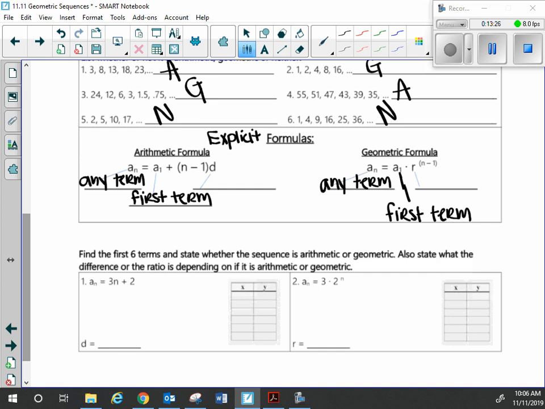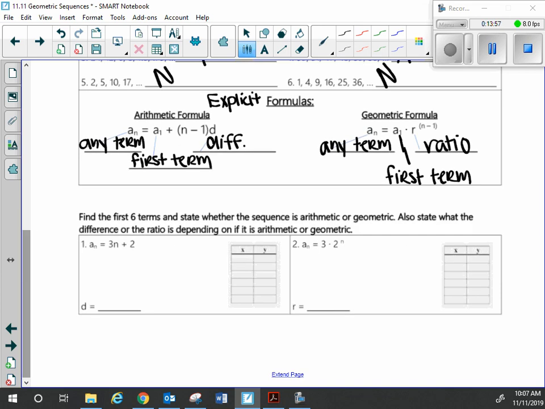What's D? Difference. What's R? Ratio. It's your factor or your ratio. Those are the same. Okay, so now we're going to do a couple together. I'm going to skip through. Anything that I skip becomes your homework.